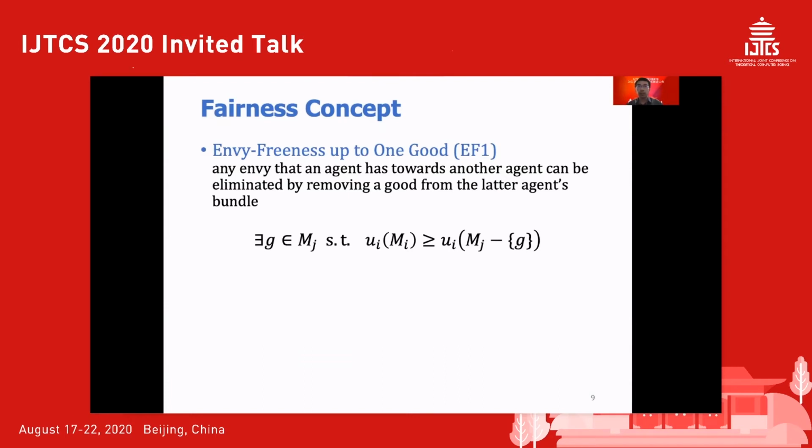We can put this into a mathematical formula. It says that for any i and j, either agent i doesn't envy agent j, or if agent i envies agent j, there must exist some good in agent j's bundle such that after removing this good, agent i now thinks his own bundle is valued at least as much as agent j's bundle.